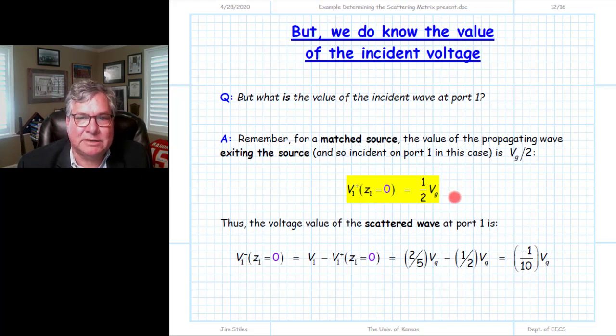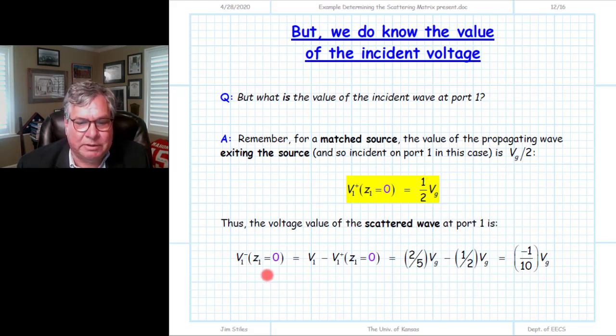That's one of the special cases that we studied when we take a matched source and connect it to a transmission line of characteristic impedance Z0. We know the voltage at the port plane of the source is going to be Vg over 2. Since the port plane of the source in our case is also the port plane of the device, port 1, we can say the incident plus wave voltage at port 1 is simply half of Vg.